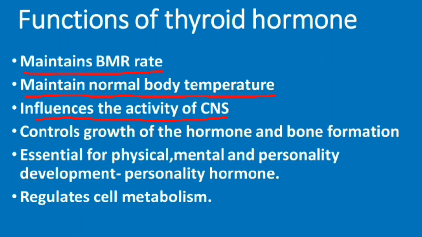It controls the activity of brain and spinal cord. It controls growth and bone formation. Thyroid hormone is essential for physical, mental and personality development, so it is said to be the personality hormone, and it regulates cell metabolism.